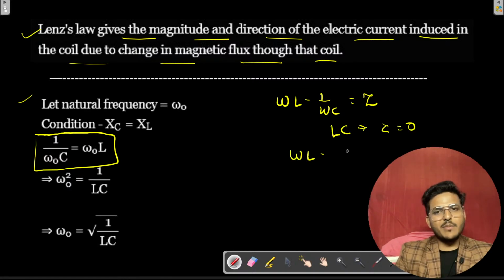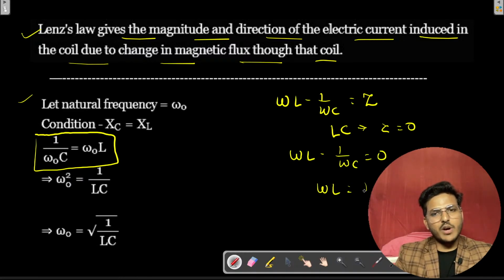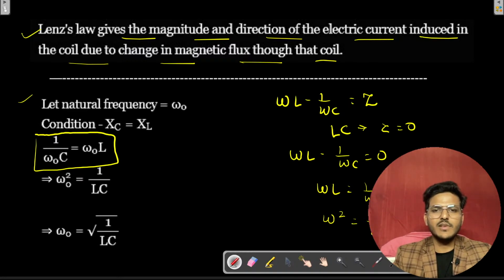That's why omega L minus 1 upon omega C equals 0. Then omega L equals 1 upon omega C. Keeping omega on one side, omega square equals 1 upon LC. Now omega equals under root of 1 upon LC, and omega is 2 pi f.